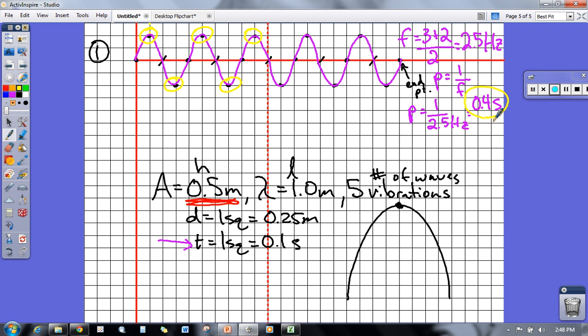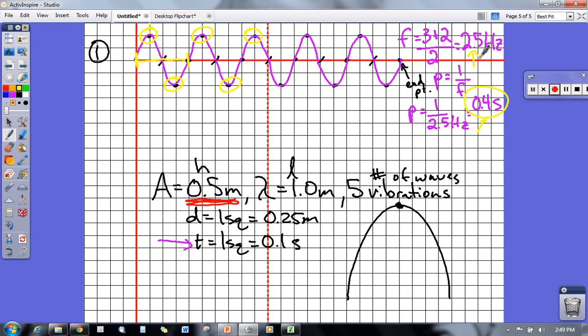Okay? So one wave is right here. How many squares? 1, 2, 3, 4 squares. And if we look at our time, how many seconds would that be? 0.4 seconds. So that not only checks your math here with your period, but it also checks your frequency, right?